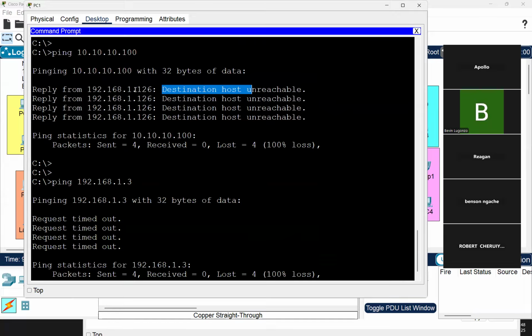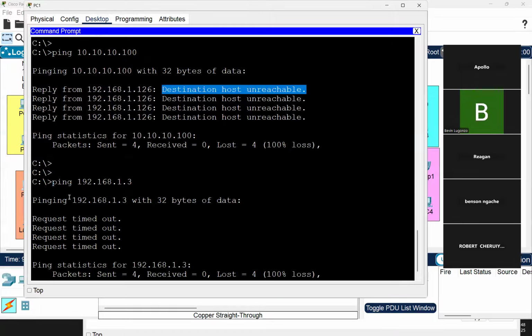Then the router looks at its routing table and sees it does not have any route to this particular host. So it responds with an ICMP message saying that the host is unreachable.